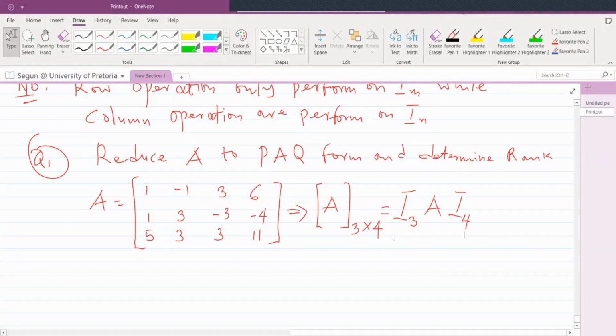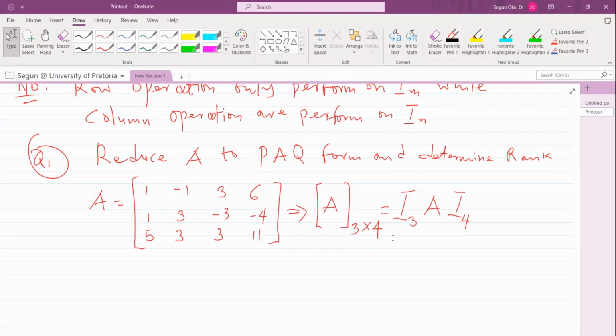They will only give you A in this case. You are to write out the identity matrix. For example, the identity matrix for I3 means a 3 by 3 matrix. The identity matrix for I4 means a 4 by 4 matrix. Please take notes. Then you have your A as your question, which we can now work on.